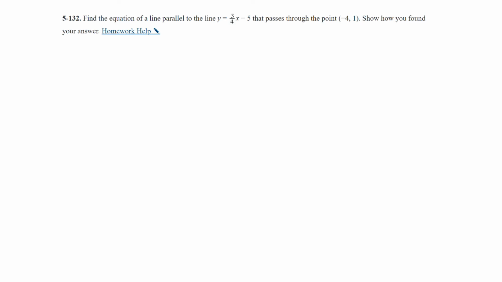Question 132. Find the equation of the line parallel to the line y equals 3/4 x minus 5 that passes through the point -4, 1. So if it's parallel, we know the slope of the line is 3/4, and we know any line parallel to that will also have a slope of 3/4.